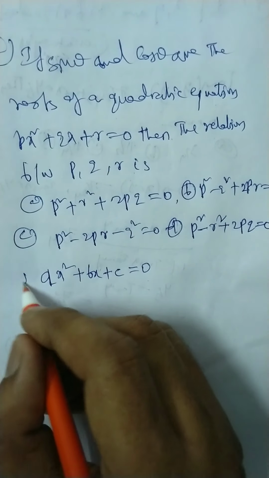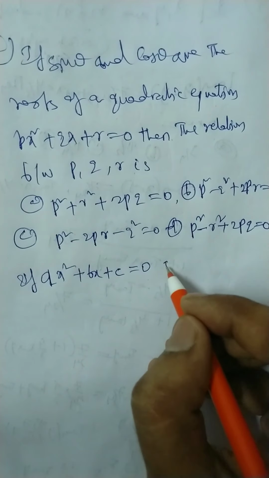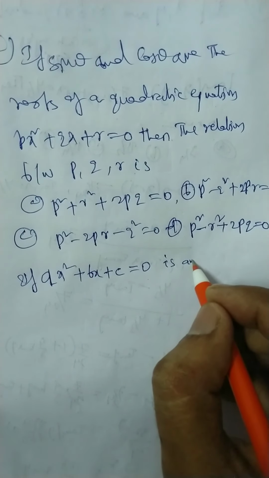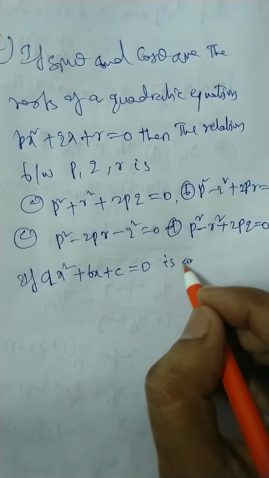If ax square plus bx plus c is equal to 0 is a quadratic equation and alpha, beta are roots, then alpha plus beta, that is the sum of the roots, is equal to minus b by a, and the product of the roots, that is alpha beta, is equal to c by a.